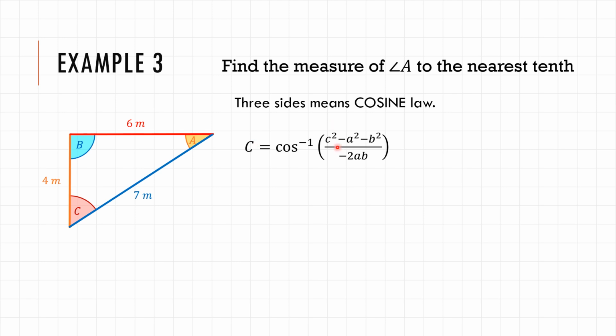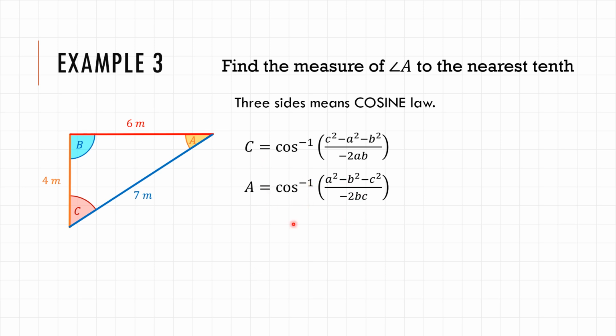And then over here, where you see the side length C, that just means the side that is opposite this angle. And so I'm just going to put the number 4 into C. 6 and 7 will go into A or B. So this is more like the formula that I'm using. Notice that they're all still variables.